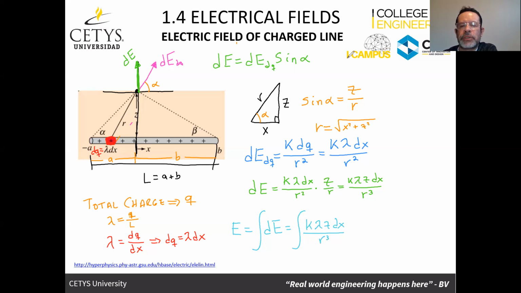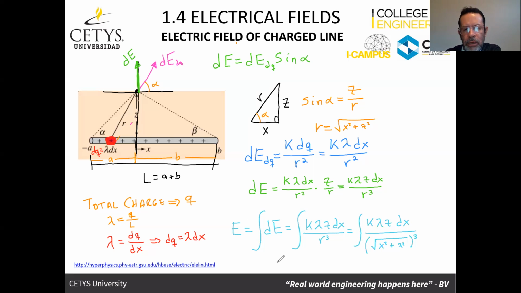I'm going to also substitute that here. And this is going to be k lambda z dx divided by the square root of x squared plus z squared elevated to the 3. Okay.